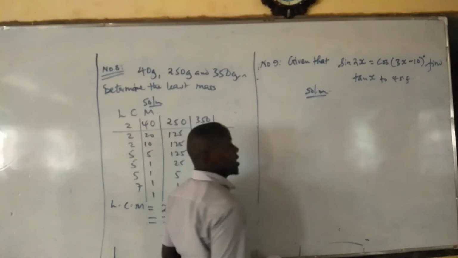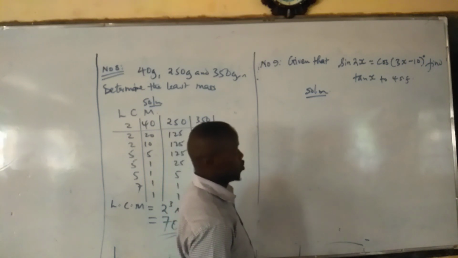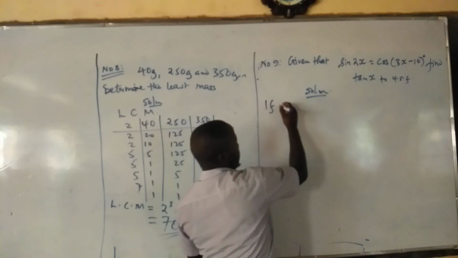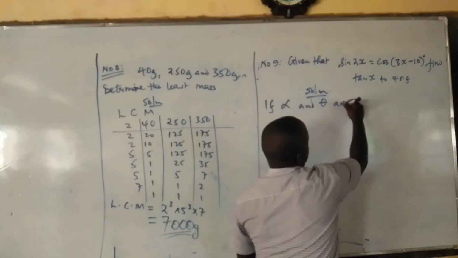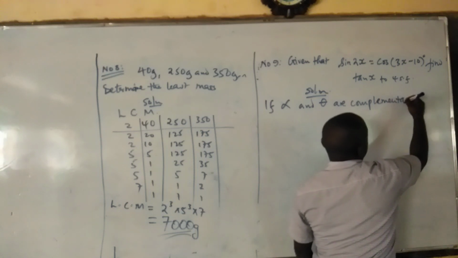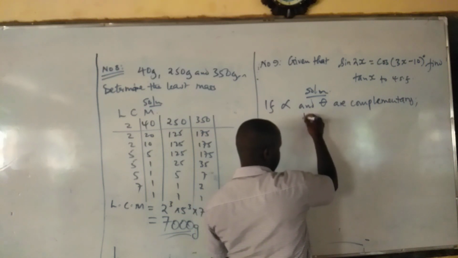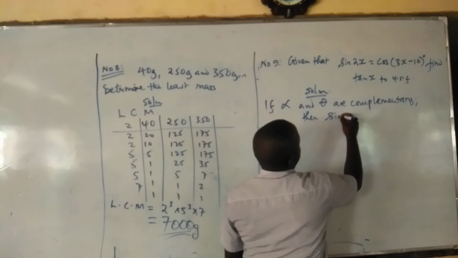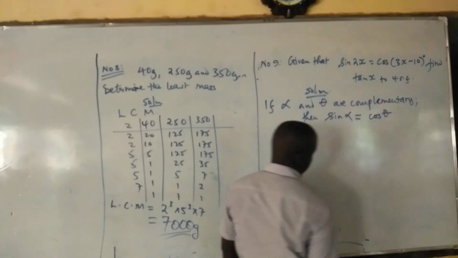trigonometry 1 in book 2, and that there is a law of complementary angles which says that if an angle alpha and another one beta are complementary, then the sine of alpha should be equal to the cosine of beta.